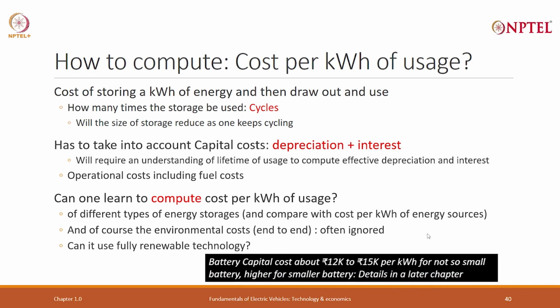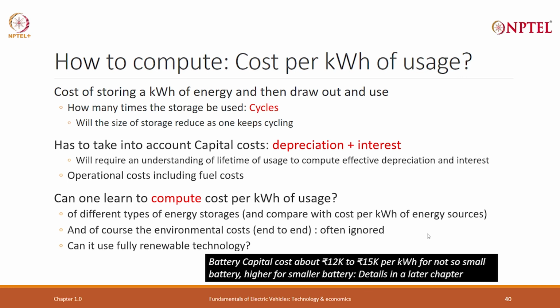Battery capital cost I am just giving you. Later on we will learn to calculate this. This is in chapter 3, we will do it in great detail. Battery cost comes out to between 12,000 to 15,000 rupees per kilowatt hour for, let us say, a decent size 5 to 10 kilowatt hour battery today in India.